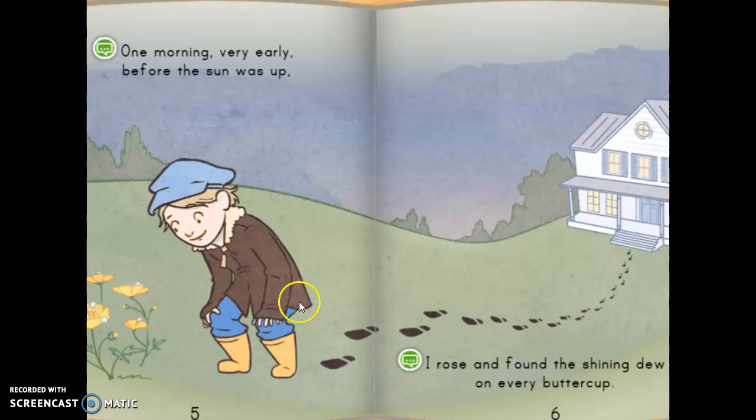So very early, this kid saw some dew. Dew is the small natural water that is formed when the vapor condenses at night. It turns into water, dew, on every buttercup here, the flowers.